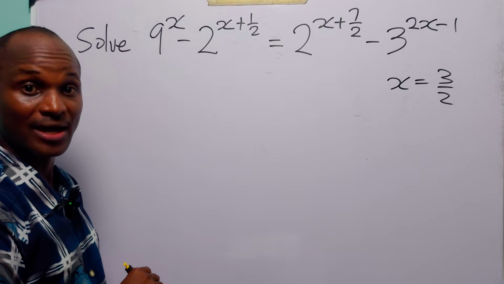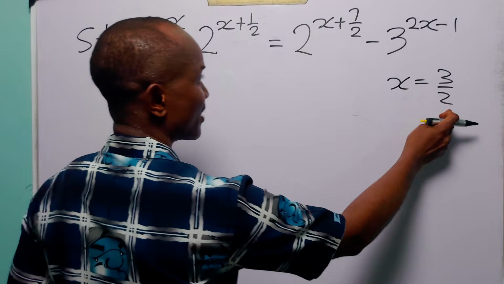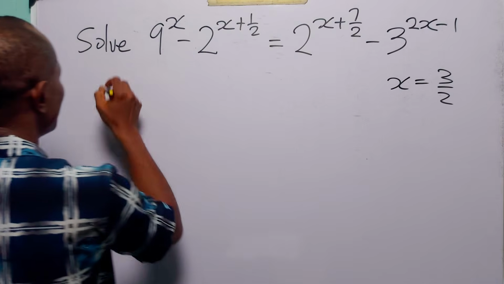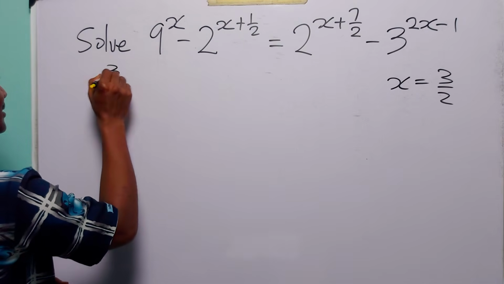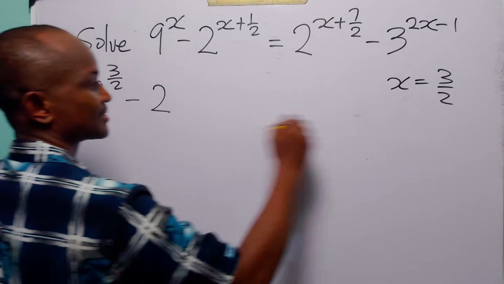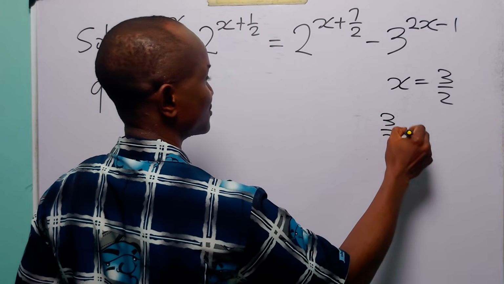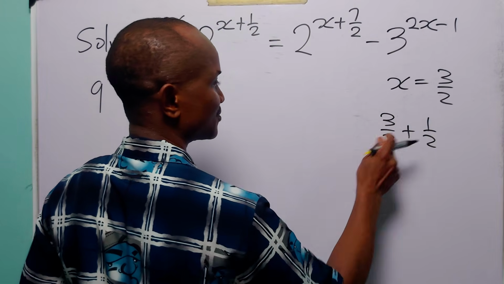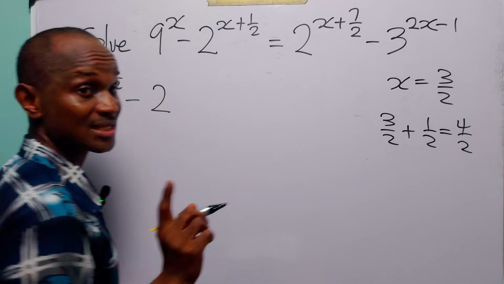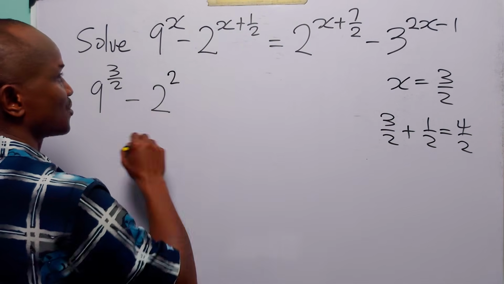And finally, to check our answer, let us substitute 3 over 2 for x into the original equation. Here we have 9 to the power 3 over 2 minus 2 to the power x, that is 3 over 2 plus 1 over 2. 3 plus 1 is 4. 4 over 2 is 2. So this is 2 squared.